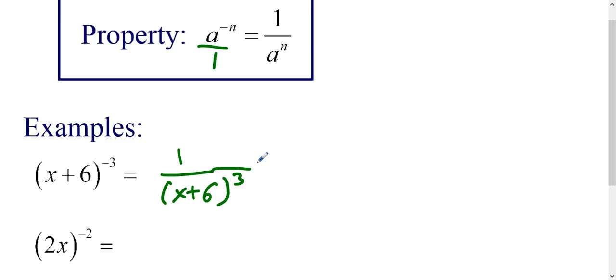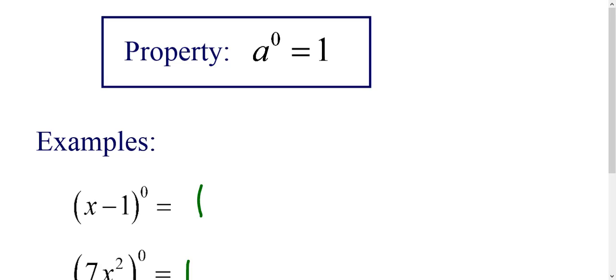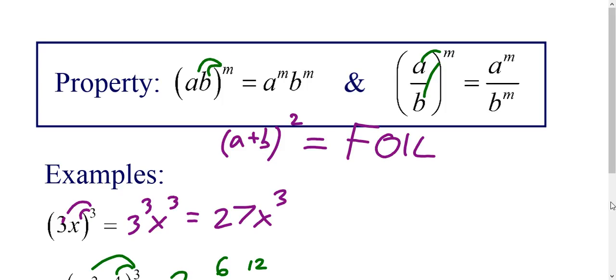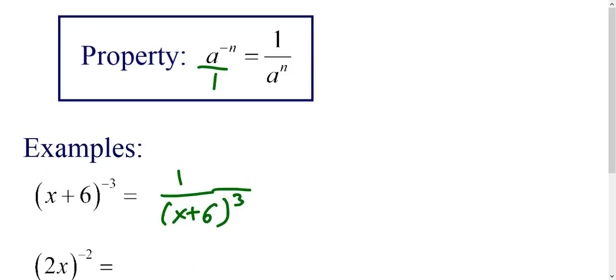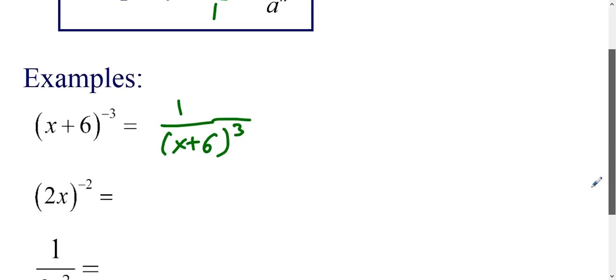And like we mentioned before, you do not distribute that 3 because of the plus sign. You only distribute exponents if it's multiplication or division. That's it. Not addition, subtraction. So this would be like foiling and then multiplying again, which we don't have to do.